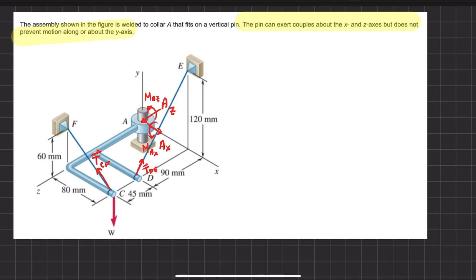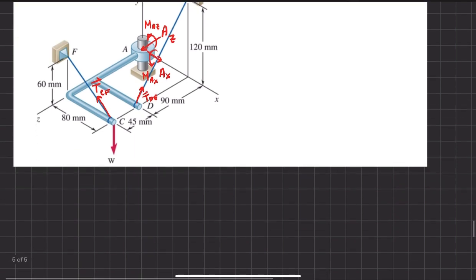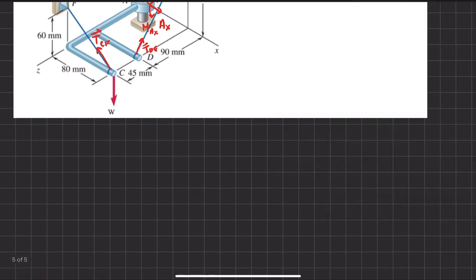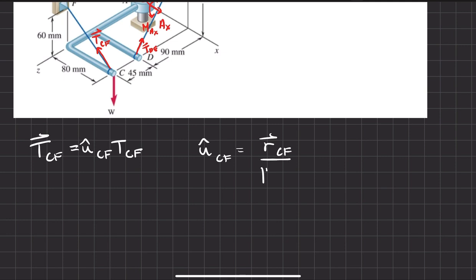So we need to find the tension in cable CF, the tension in cable DE, and the reaction and the moment at A. The way that we can do that is by first, remember we know the equation TCF is equal to the unit vector CF times its magnitude. And if you solve for the unit vector CF, it's equal to the position vector from C to F over its magnitude.